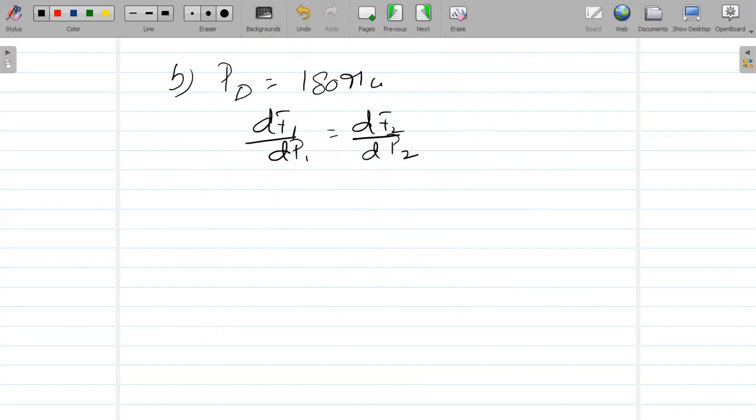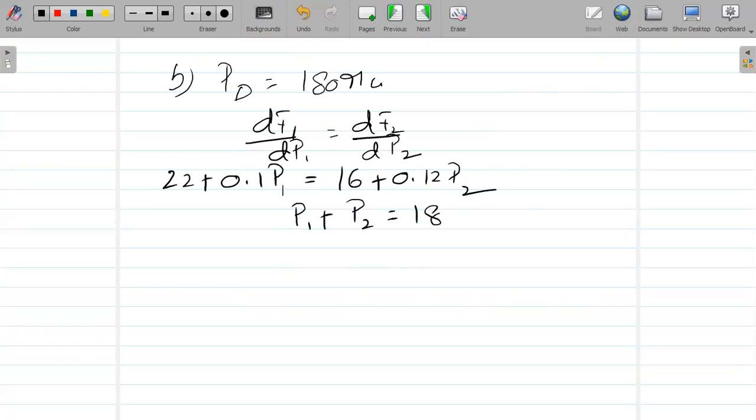So 22 plus 0.1 P1 equals 16 plus 0.12 P2. Here the total load demand is P1 plus P2 equal to 180. Let these be equation 1 and equation 2.